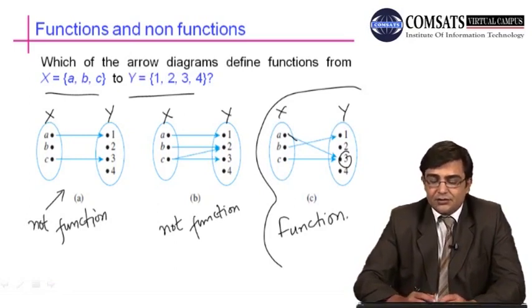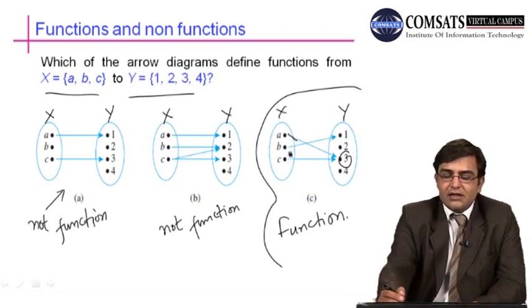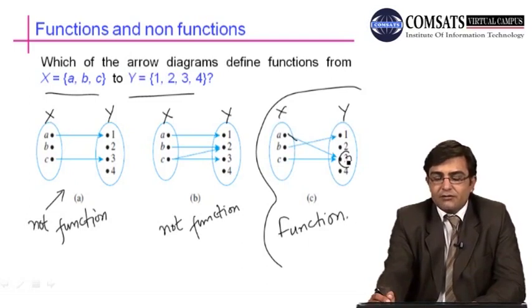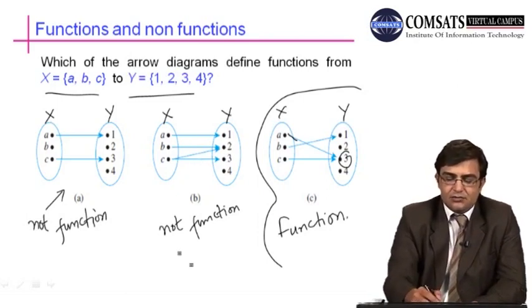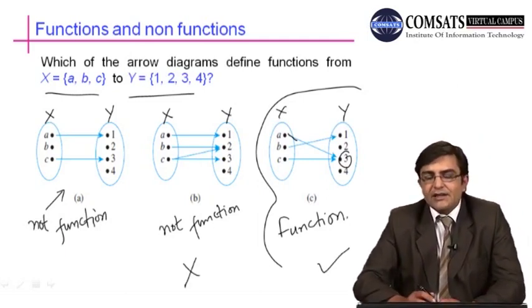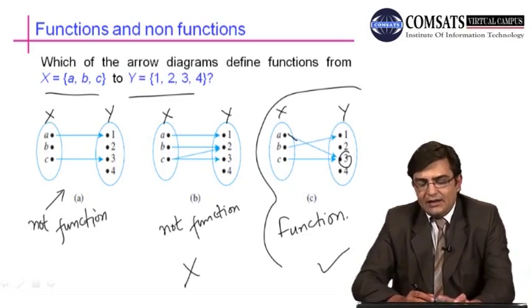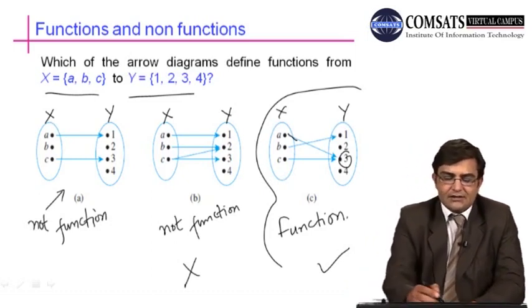For such situations, more than one element of X can be related to one element of Y, but one element of X cannot be related to more than one element of Y. So this situation is not allowed, this situation is allowed. I repeat, any element of X cannot be related to more than one element of Y, as you can see in this example.